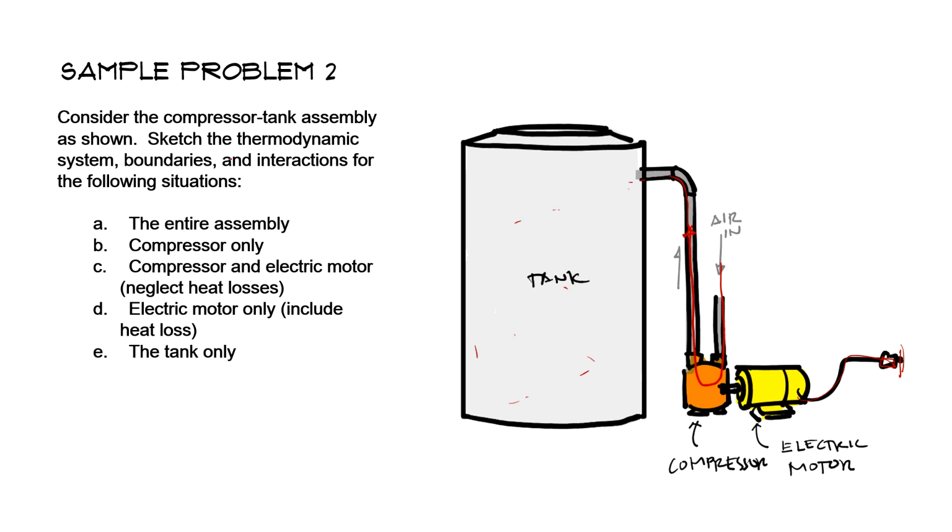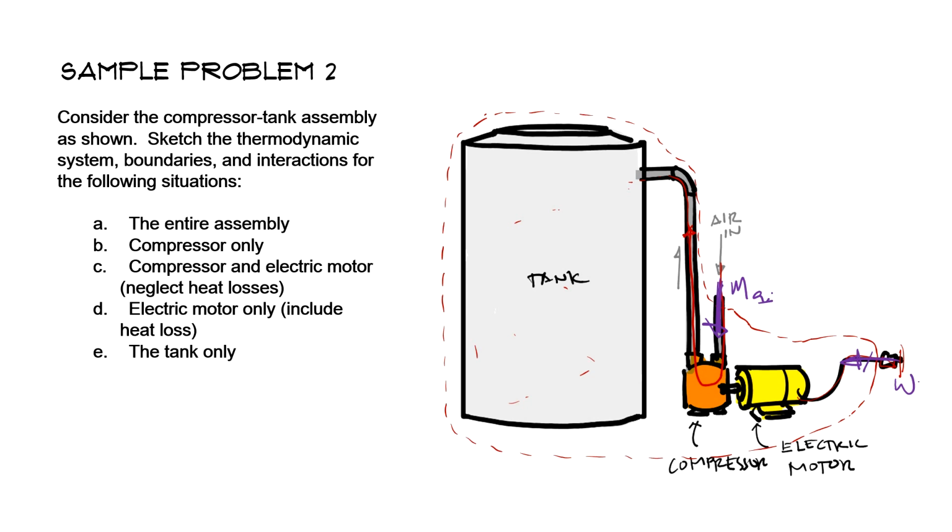So for letter A, if we consider the entire assembly, our boundary will be this one, and the interaction would be we have an air input, and then we have a work input also. So we have work here and mass of air input.